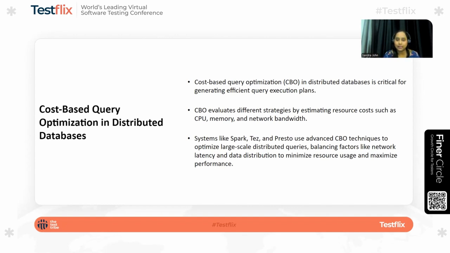Systems like Spark, Tez, and Presto use advanced techniques to optimize large-scale distributed queries, balancing factors like network latency and data distribution to minimize resource usage and gain maximum performance. So the cost-based query optimization strategy is extremely important. A mindset to reduce the cost along with improving performance is extremely required so that we don't keep improving performance while running up the cost.